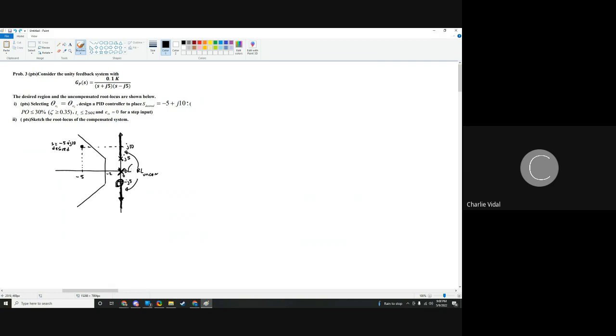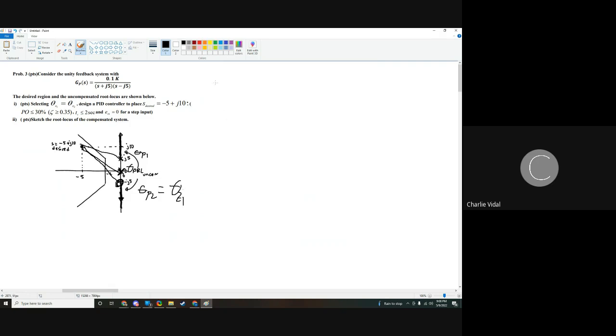But this is theta p. This one is theta p1. Let me draw the lines too. This is the s desired, right? And this is theta p2, which is also equal to theta z1. And that might get a little bit confusing a little bit later, but I'll talk about that.